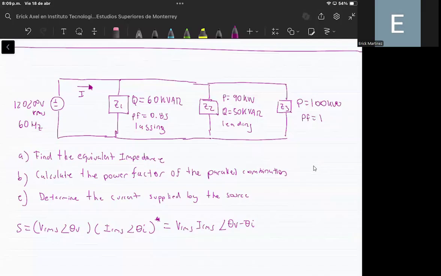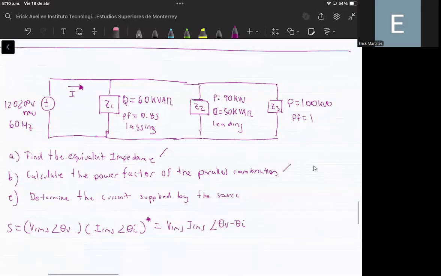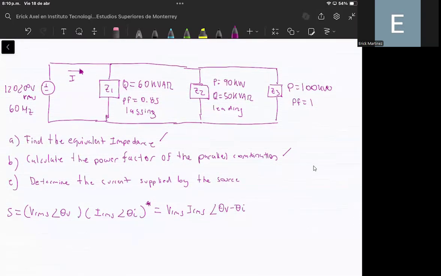So the idea is that we want to know what is the equivalent impedance of this circuit based on this information. Also, we need to compute the power factor of the parallel combination. Remember that we have this voltage source that is providing power to each of the loads.